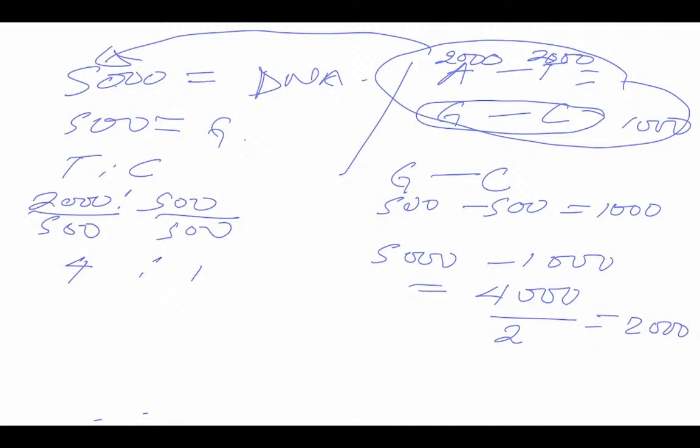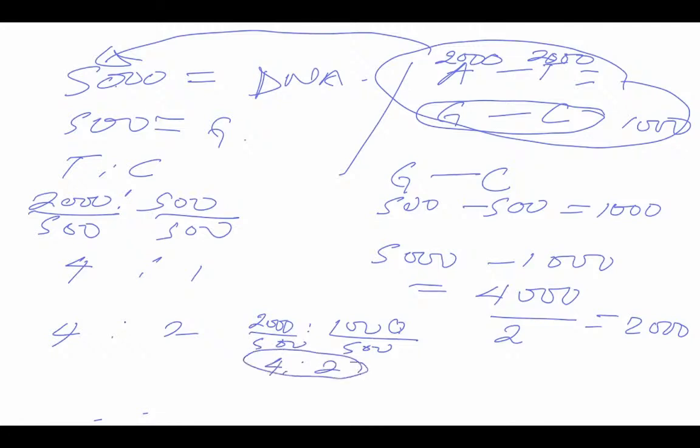Sometimes you're going to get a ratio of, for example, 4 to 2. For example, I can give you an example of 2,000 to 1,000, I'm just imagining. If you divide by 500, you're going to get 4 here and 2 here.